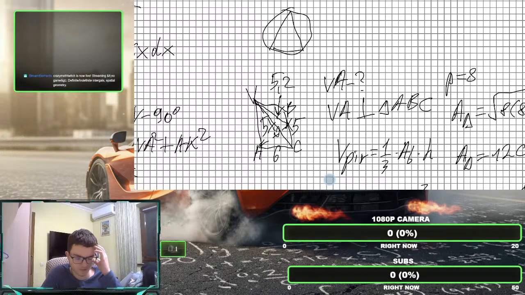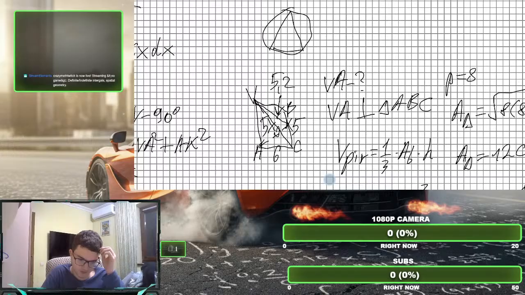Distance from A to BC, which is AH, it's this. Okay. So you get this. And then you just do the calculation. I will ask it to use a formula that I have here. Let's see how it goes. I have some formulas here. Maybe there's a different approach to a solution.